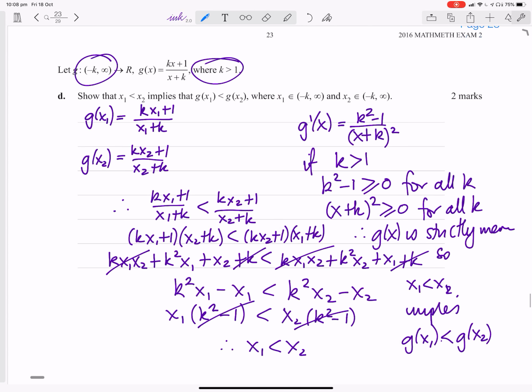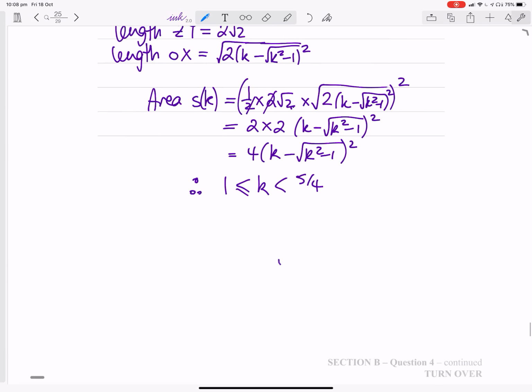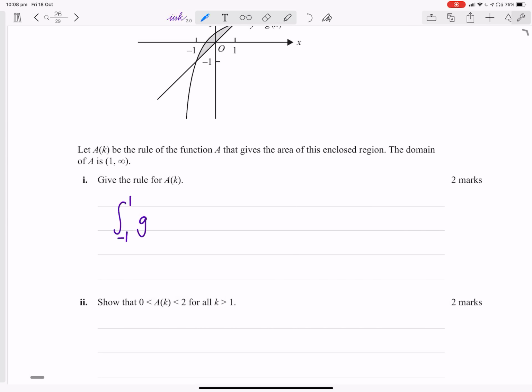What is our function called now? The integral from negative 1 to 1 of g of x minus x dx. So A of k is the integral from negative 1 to 1 of g of x minus x dx.